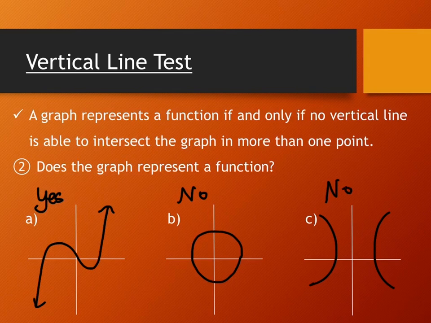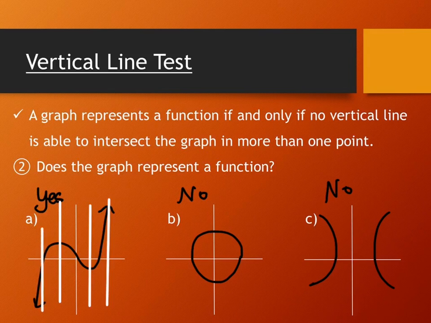Okay, so what we're doing is we're drawing, or even if you don't physically draw them, you're mentally drawing vertical lines. And a vertical line is, by definition, straight up and down. It's a terrible sort of description, but it is, right? Vertical means straight up and down, no slanting to it. And I can't draw infinitely many of them, but the image has to work no matter where I draw a vertical line.